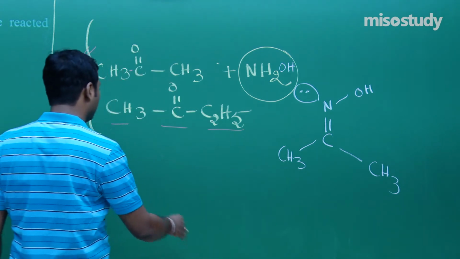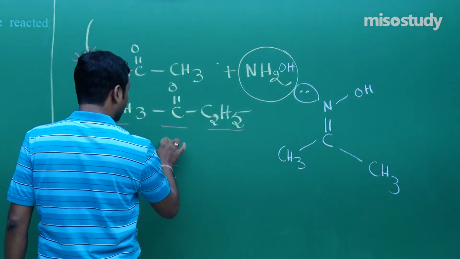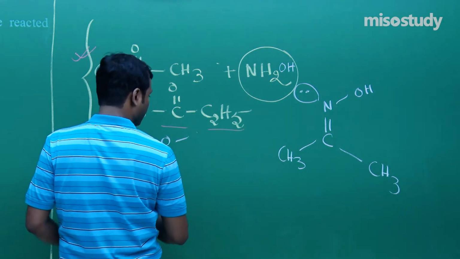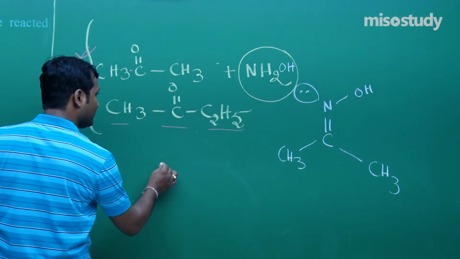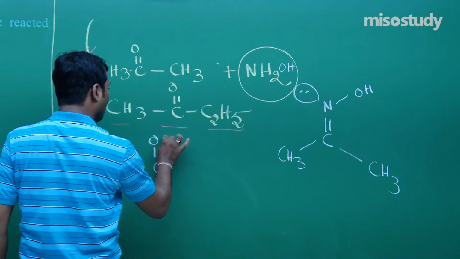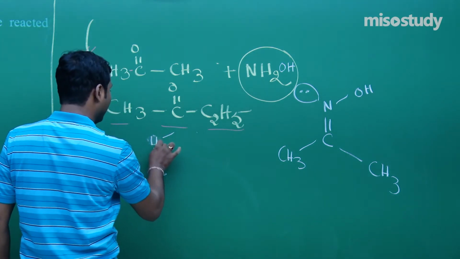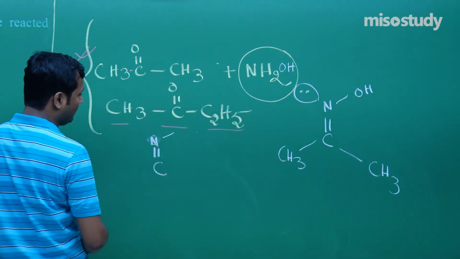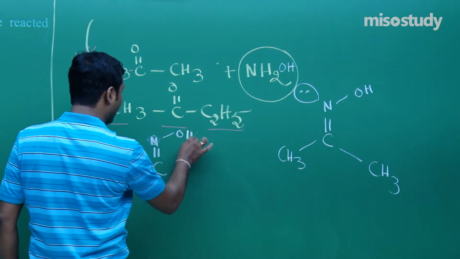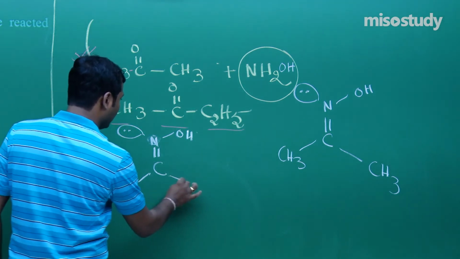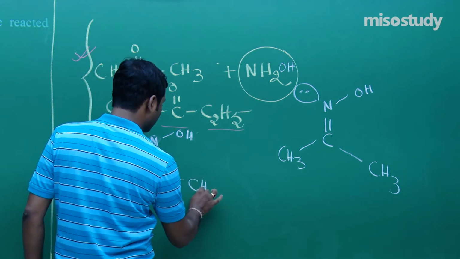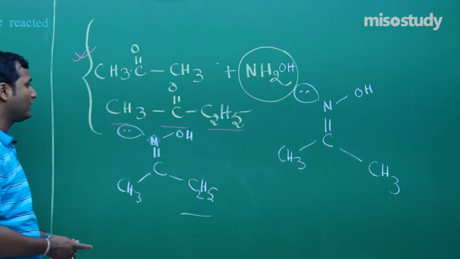Now the next one, the second, is C double bond N, this one is N, not O, and this one is OH, with CH3 and C2H5. This one is the second oxime.